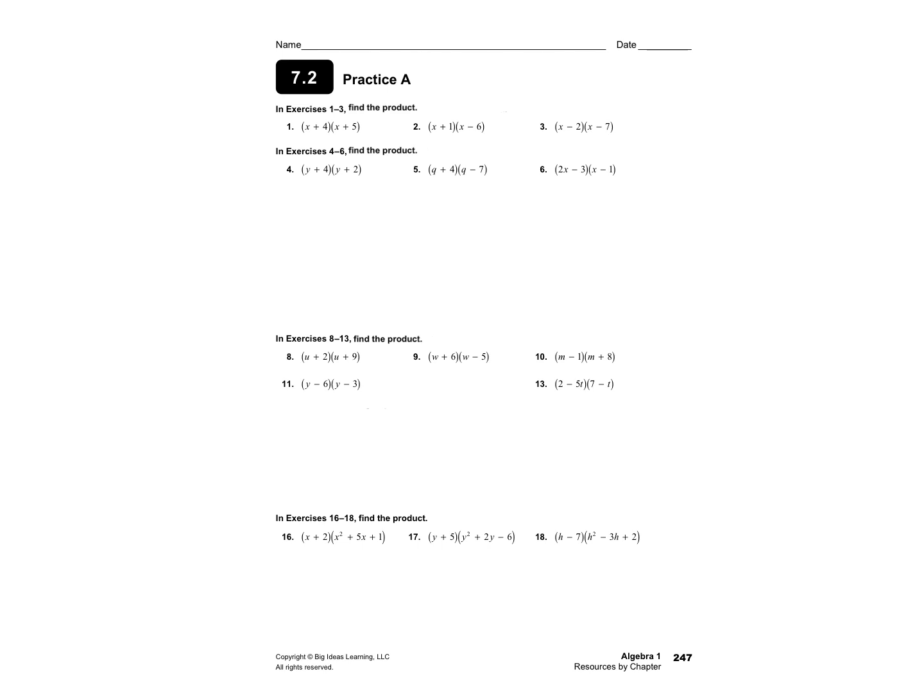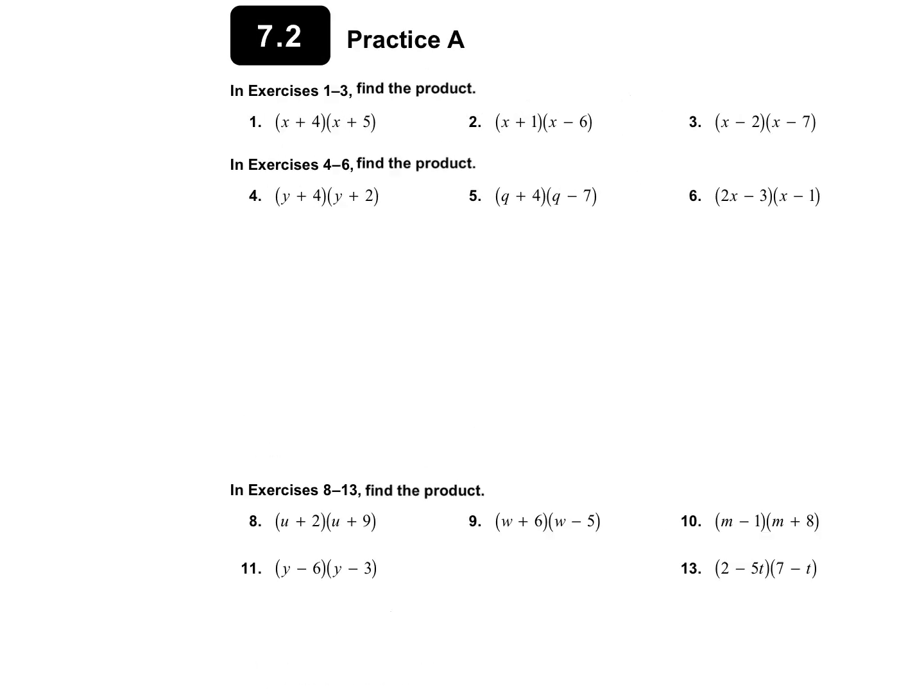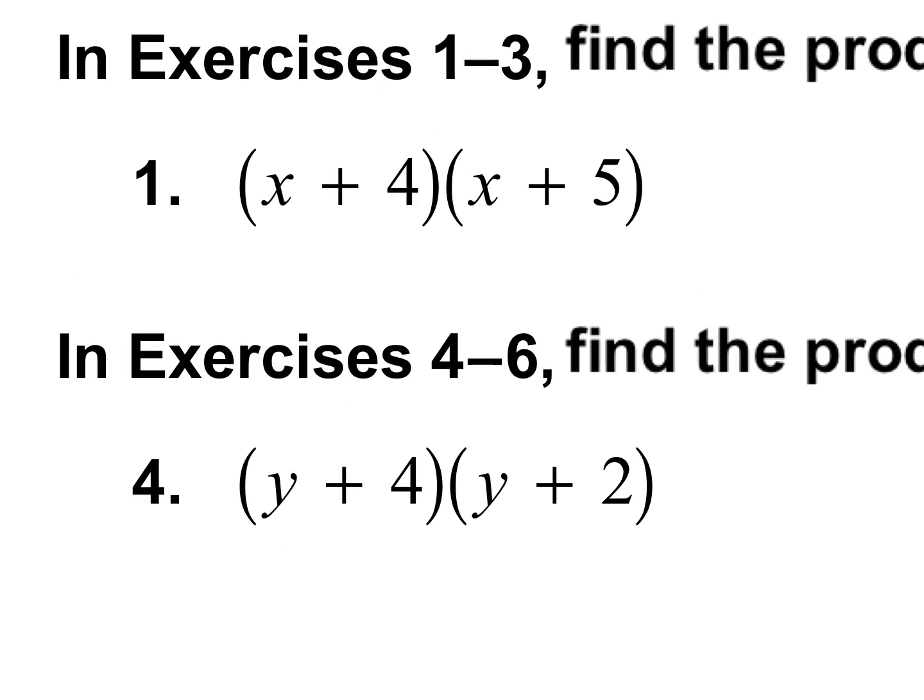So 7.2, we're finding the product, so we are multiplying. How would we multiply when we have a binomial times a binomial? What's that F word that we like? FOIL. So we start by multiplying the first. What's x times x? X to the second power, x squared. Then we multiply the outsides.